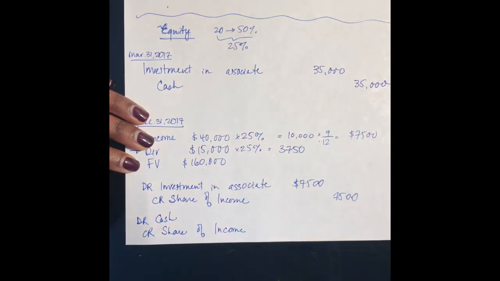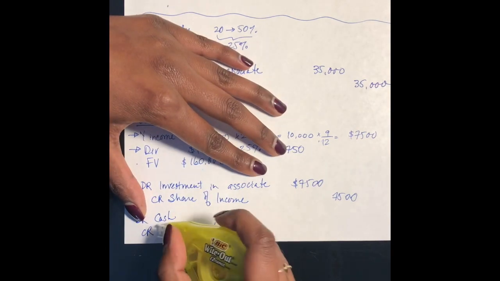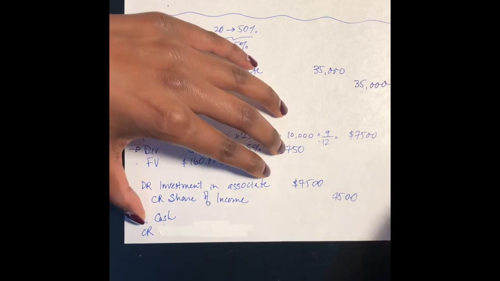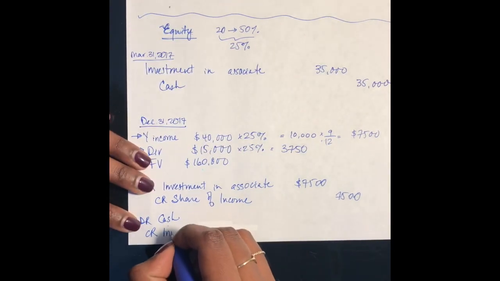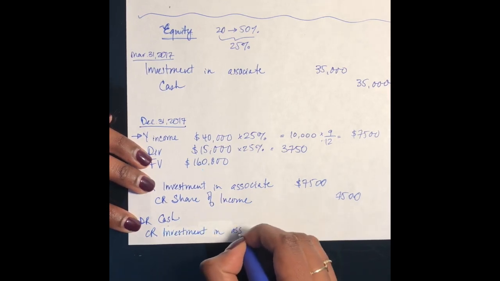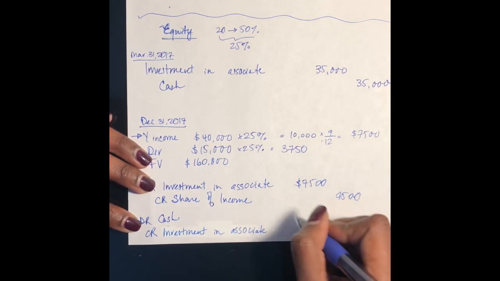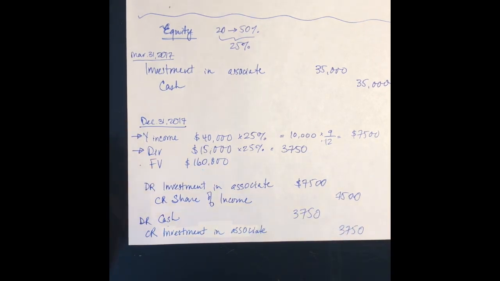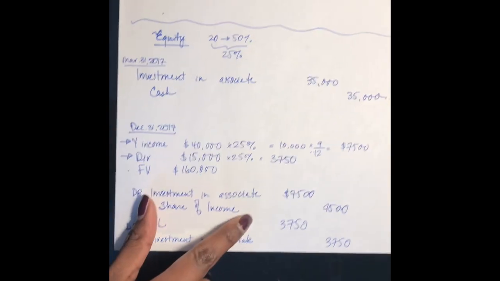Oh, I'm sorry. That's my mistake. You're not going to credit share of income. For this one, for the dividend under equity method, you're just going to credit investment in associate. 3,750, 3,750. So that is how you do the entries for this example.